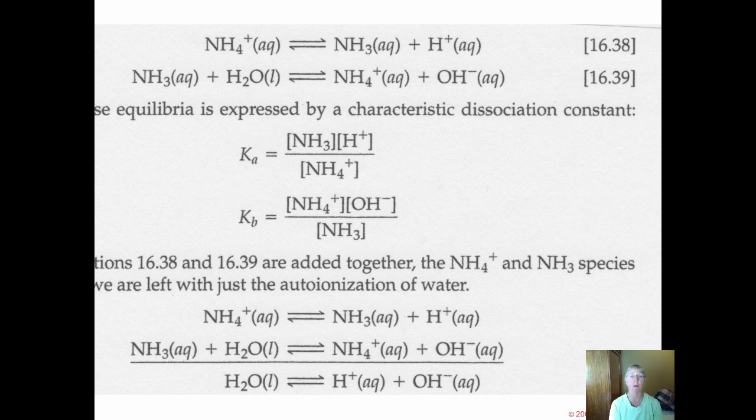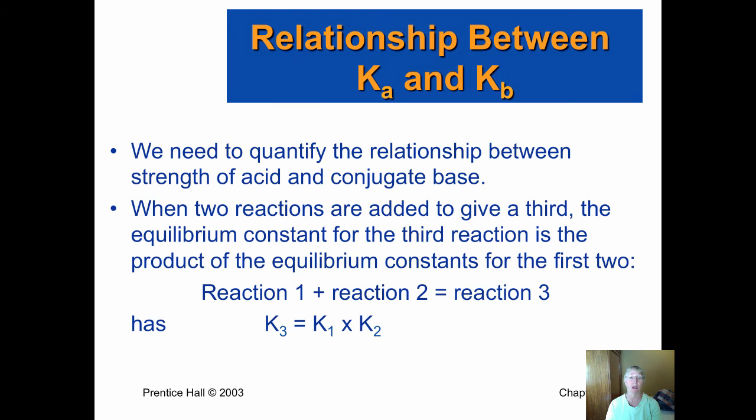So as you know, when we sum two equations, if we know the equilibrium constant for each of those two equations, to find the K for the net equation, you just multiply them. So when two reactions are added to give a third, the equilibrium constant is found by finding the product of the Ka and Kb for each of the two constituent reactions.